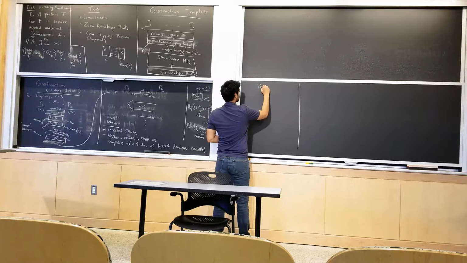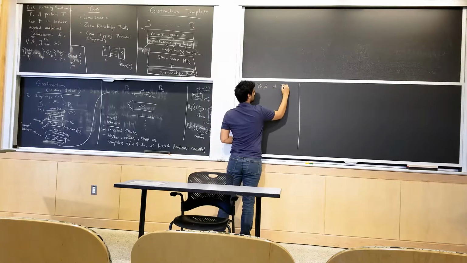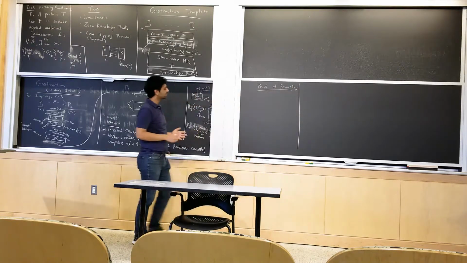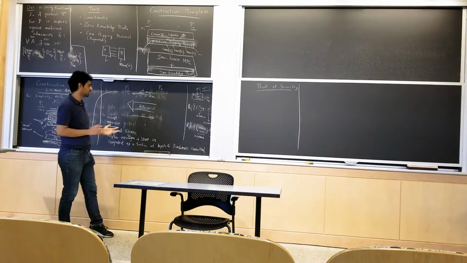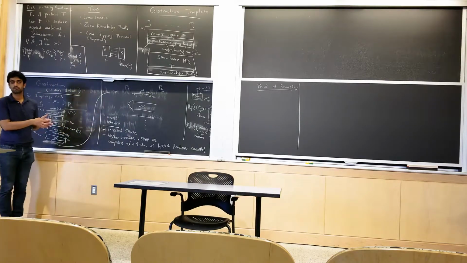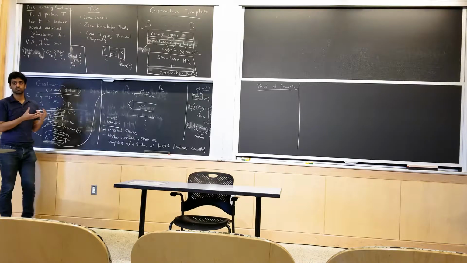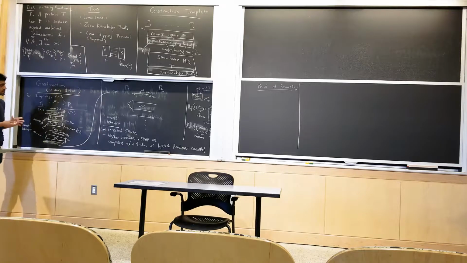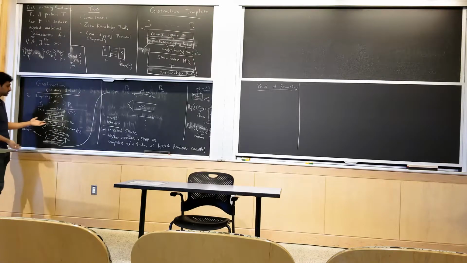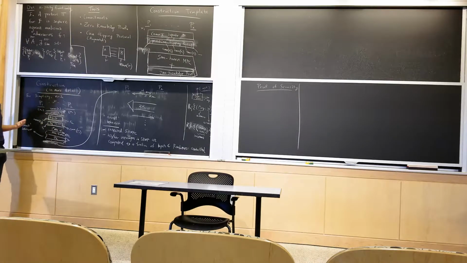Let me sketch the proof of security. Actually, even before proving that this protocol is secure, is it clear that this protocol satisfies completeness? Okay, can someone tell me why? Why is this protocol complete? Why will the parties get the output if everyone behaved honestly?